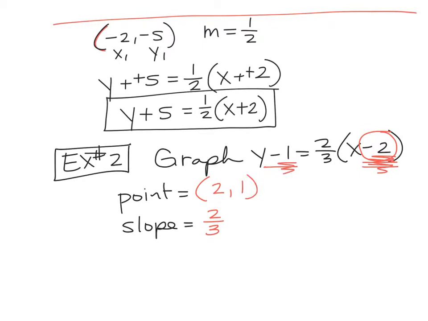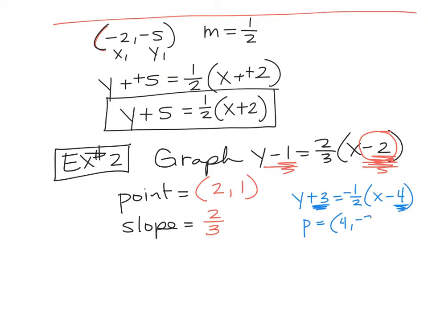Okay? Before we even graph that, I'm going to give you another one and see if you can give me a point and a slope. What if I gave you y plus 3 equals negative 1/2 times x minus 4? What is your point right now? 4 and negative 3. Good work. Okay, so positive 4, negative 3, because if it says plus, that's because it was minus a negative.